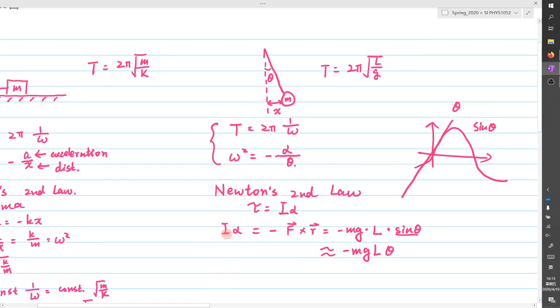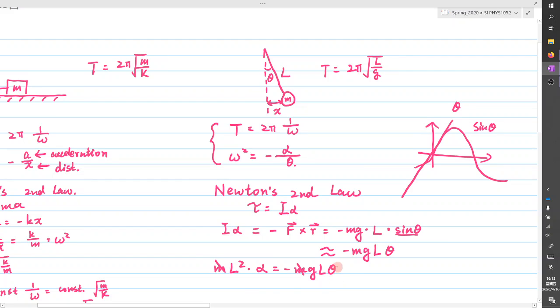So before that, we're going to convert I into the moment of inertia of a mass L distance away from the center, giving us the moment of inertia of m L squared times alpha equals negative mg L theta. Clean things up a little bit.